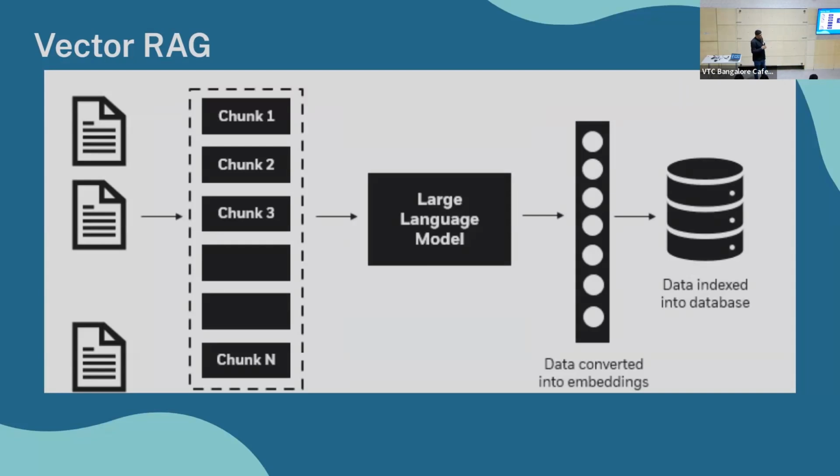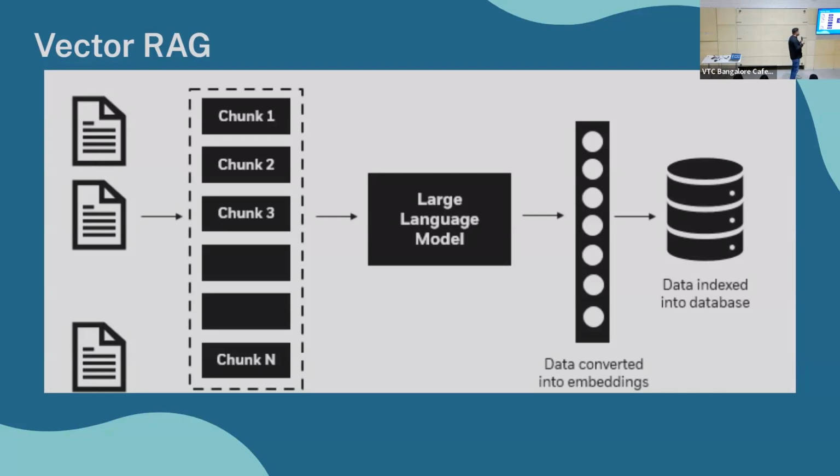How does vector RAG work? I think we have already discussed this in an earlier session, but it starts from a user query, and the user query acts as an input, and you can give any document that you may like. An LLM has its limitations in terms of training data.